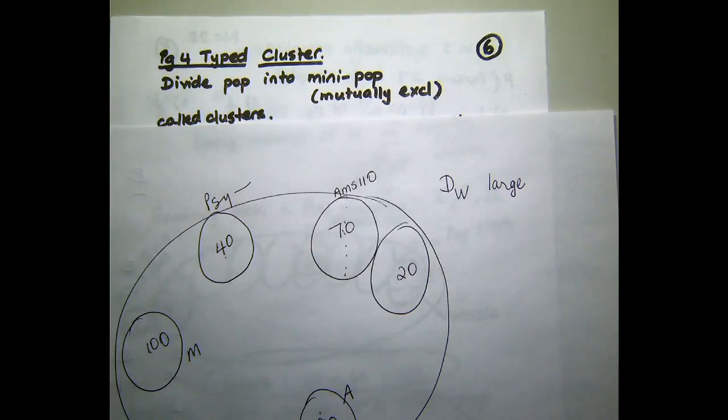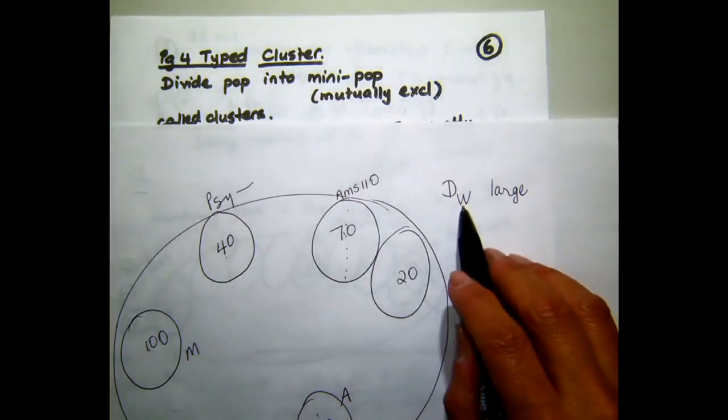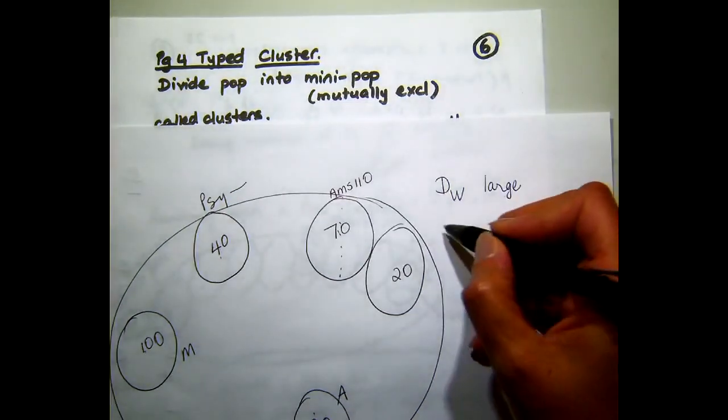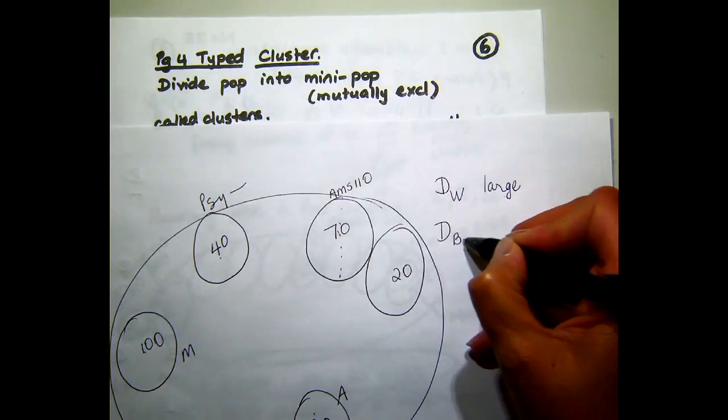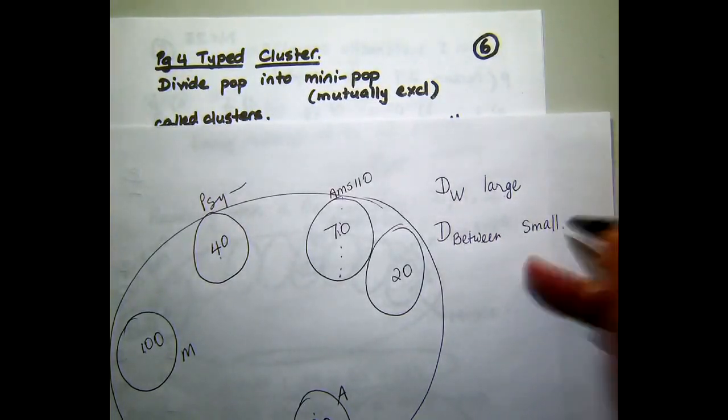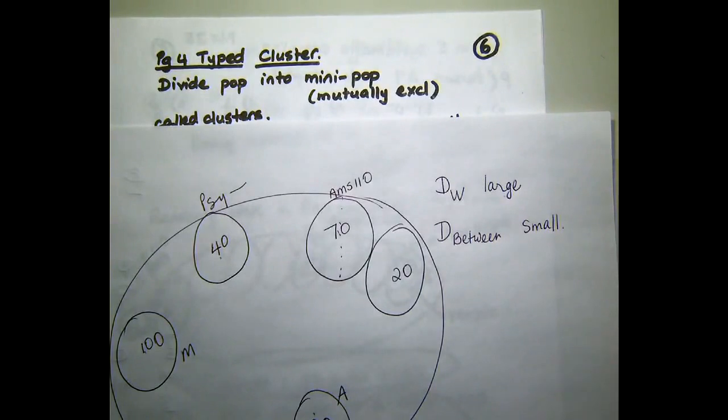But within the group, the differences were small. This is just the opposite. This is differences within each cluster is large, but differences between clusters is small, because you are expecting that the clusters are similar to one another as a whole, but within the cluster you see all kinds of people. Get it? Do you have a question?